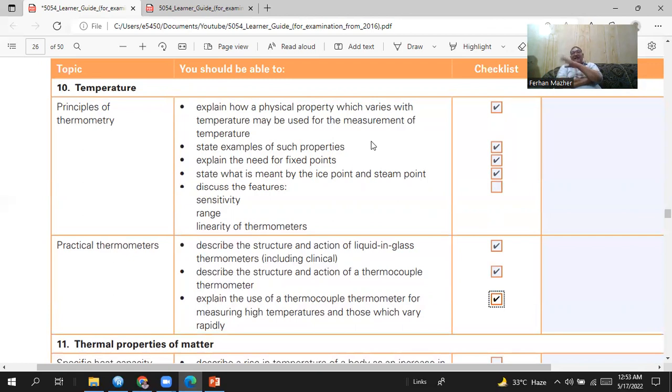And theta means that unknown temperature. So (L theta minus L naught) divided by (L100 minus L naught) equals theta divided by 100. It's a very famous numerical formula. We use it quite often.